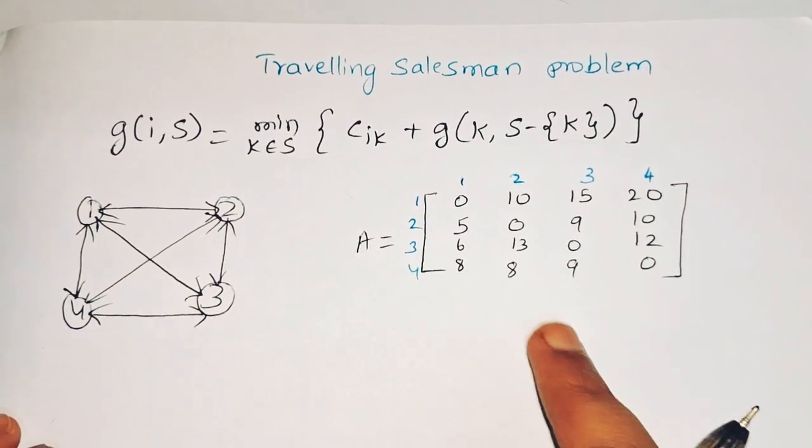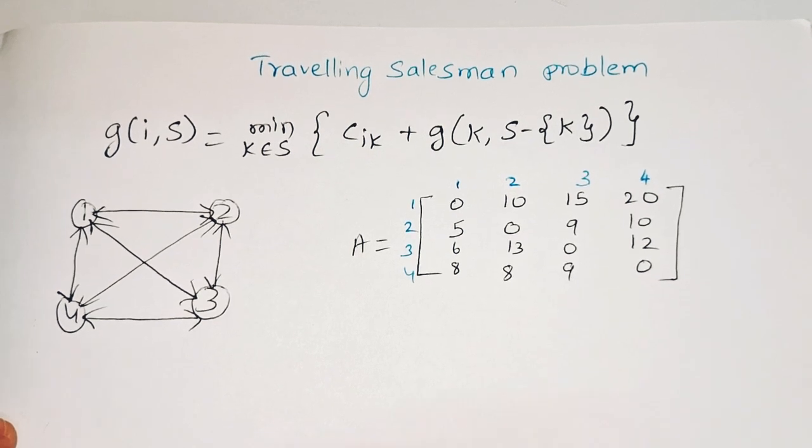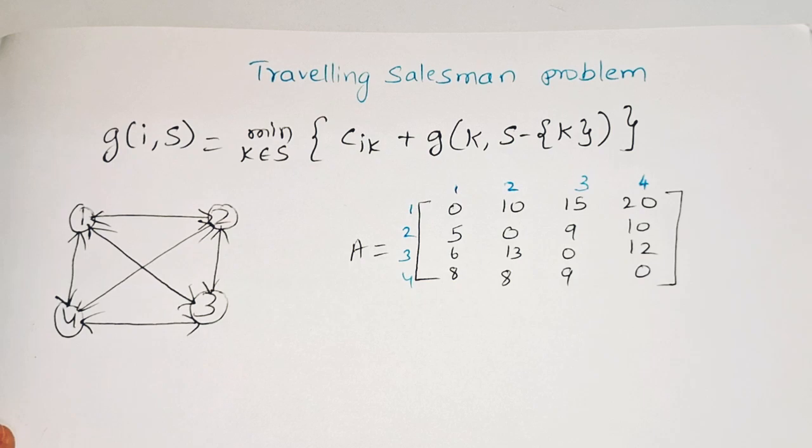So this is the problem given, and we need to find the minimum cost starting from the initial node through the remaining nodes.